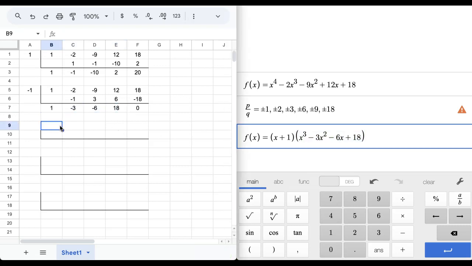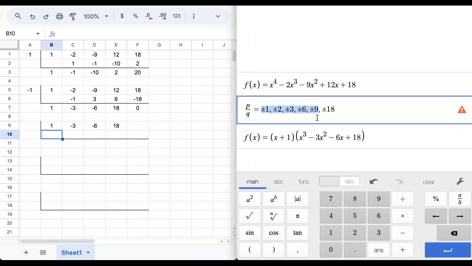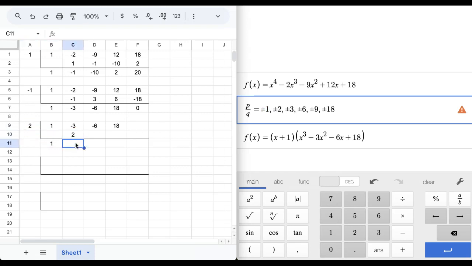So it's going to be coefficients 1, negative 3, negative 6, 18. We can keep going down our line of the P over Q's, right? So we've already tested positive and negative 1. Let's try positive and negative 2. See what we get. So 1, 2, we're going to add our way down, multiply, add our way down, multiply.